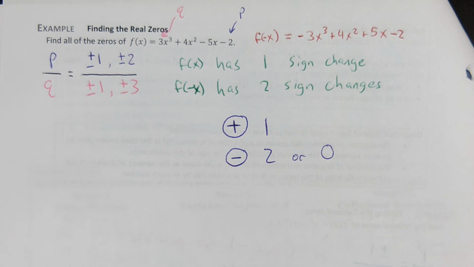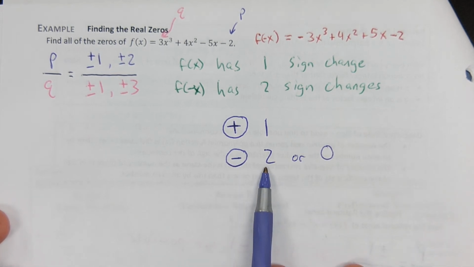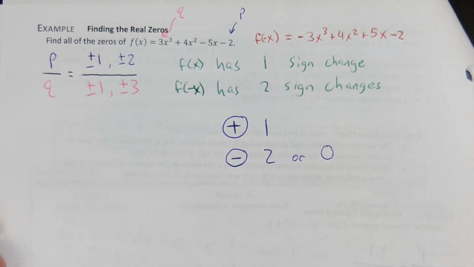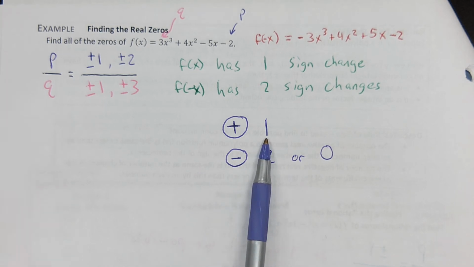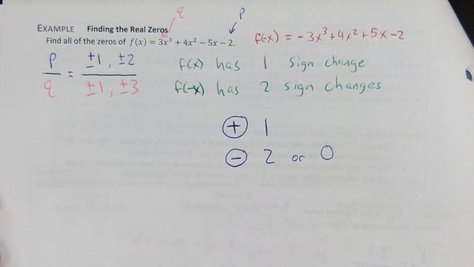I'll tell you why we subtract 2 if possible. And by the way, let's say this number had been a 5. Then it would have been 5 or 3 or 1. See, we're going down by 2 each time. Now this one I can't go down by 2. So what if it was 3? If it was 3, then it would be 3 or 1. You just keep subtracting 2. Here's why. So I'm going to cheat a little bit and I'll tell you what's going to happen coming up in the future.